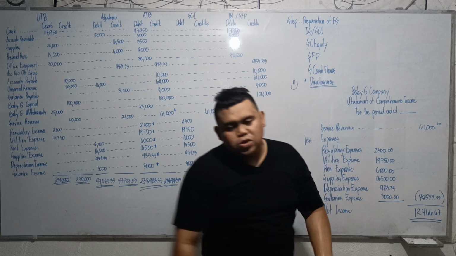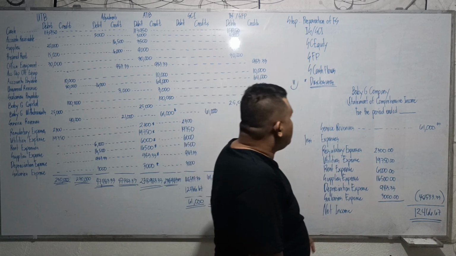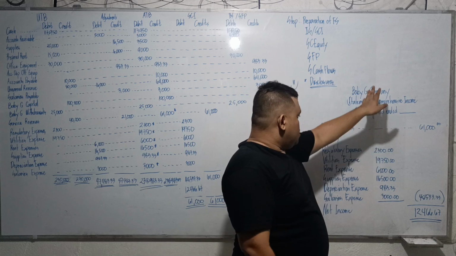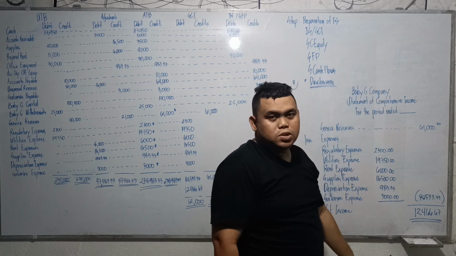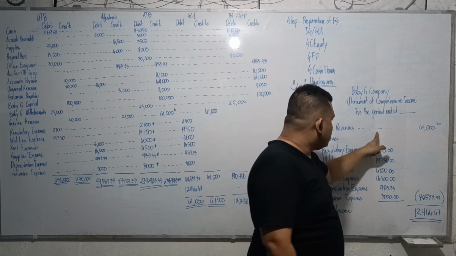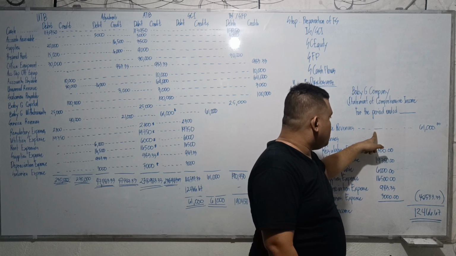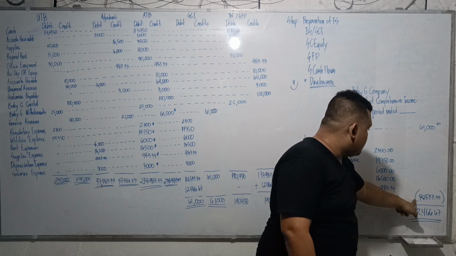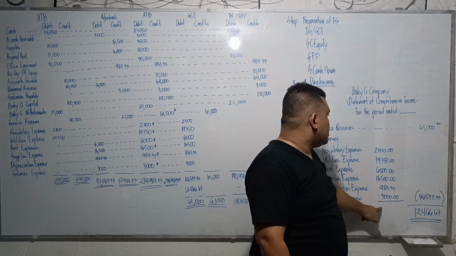Okay? But in actual practice, it's not like that. It is because normally the statement of comprehensive income in 1 year or 1 period is only 1 column. So you have to put the 61,000 right here because we are given 1 column only. And this 48,533.33 is here as the total expenses.